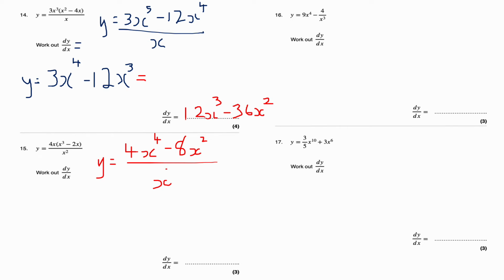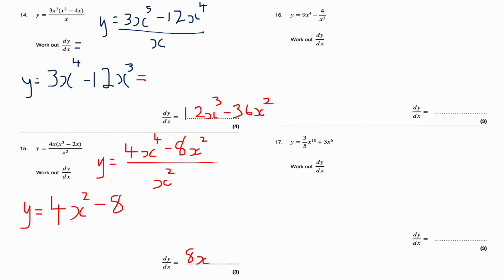Well, again, I can divide through everything by x squared, so I get y is equal to 4x squared, take away the 8. dy by dx, 4 times 2 is 8, so it becomes 8x, the power comes down by 1, and then differentiating negative 8 just goes to 0. Remember that differentiating a constant goes to 0.